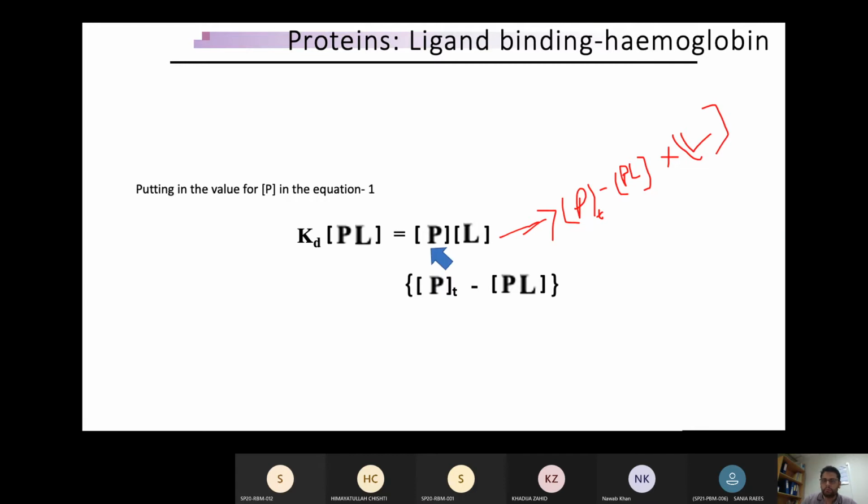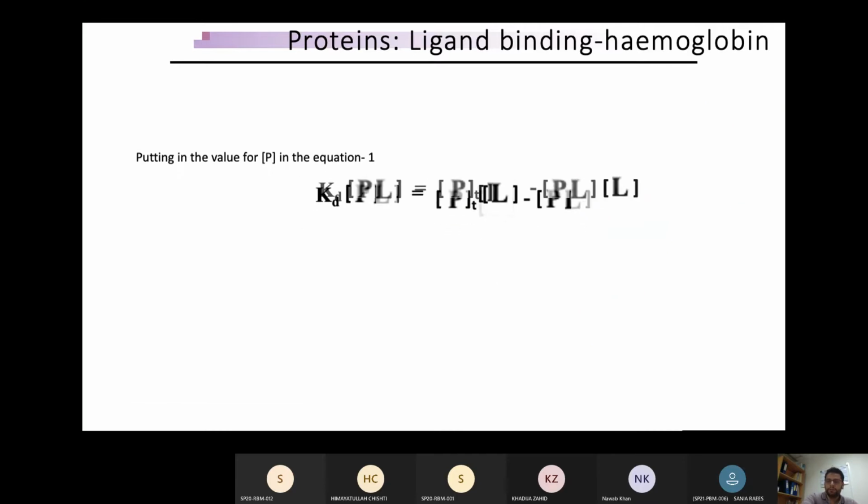So when you multiply it, you will get concentration of total protein times L, ligand, minus concentration of protein bound with ligand times L. ऐसे ही है ना? So you will get this. So I have made this for you here. आपको अगली स्लाइड के अंदर नजर आ रहा है.